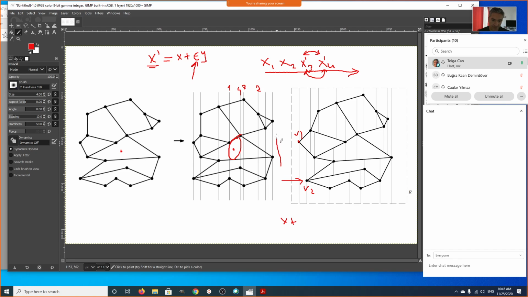I mean, if this is the positive y coordinate and this is the positive x coordinate, this transformation that we see here is more like x minus epsilon y. Looking at these 2 points, maybe if you look at other points, it may be something else. Let's see, are there others? So yeah, look at these two ones. This one here and this one here. Yeah, considering these two, actually the one above is a little bit to the right.